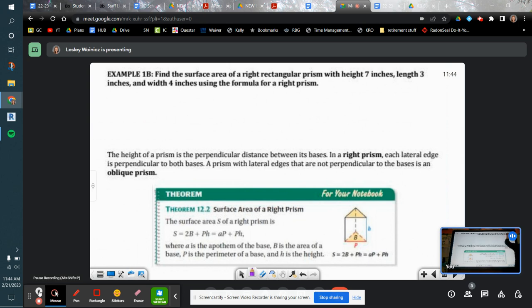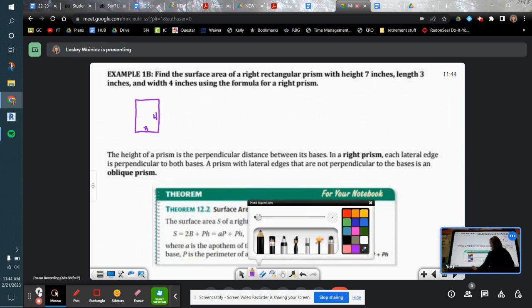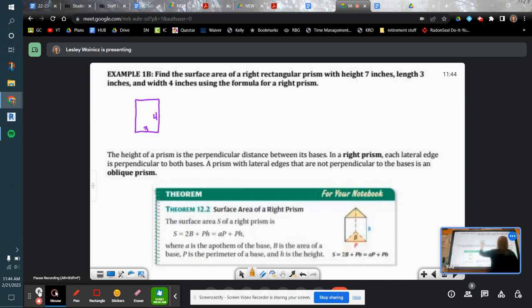So let's make another net. We're going to be better at it this time. What is it, 3 by 4? Let me do that. Okay, so here's my 3, here's my 4, and what's the height? 4. Oh, 7. 7.